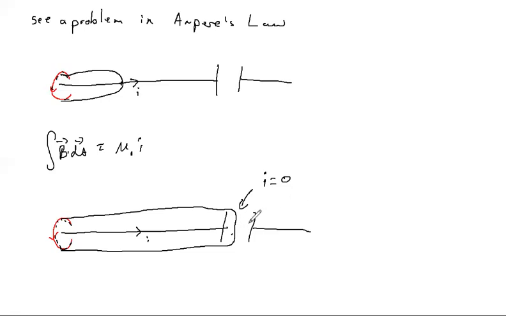What the capacitor does have is an electric field, which is equivalent to an electric flux. So we're going to use the formula for a parallel plate capacitor to help us calculate this.